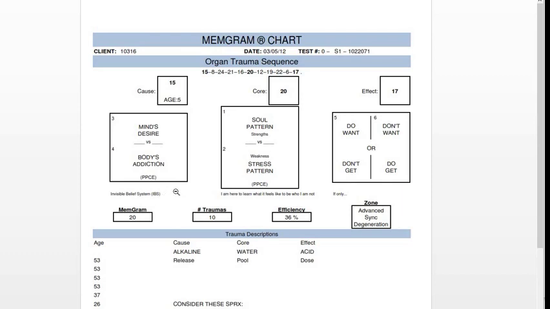In other words, you have an electromagnetic frequency that you emit that attracts people, places, circumstances, and events to play a movie that reminds your cells of negative scenarios that happened to you when you were young.